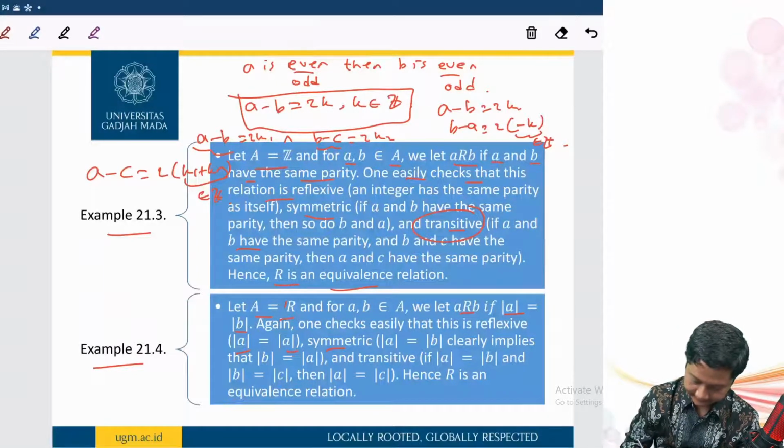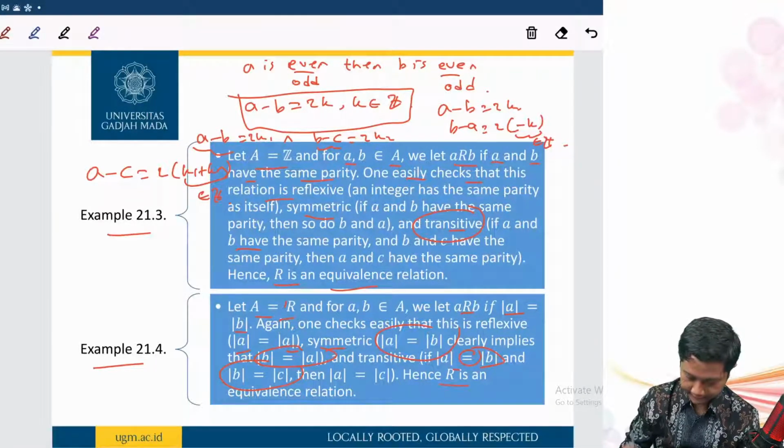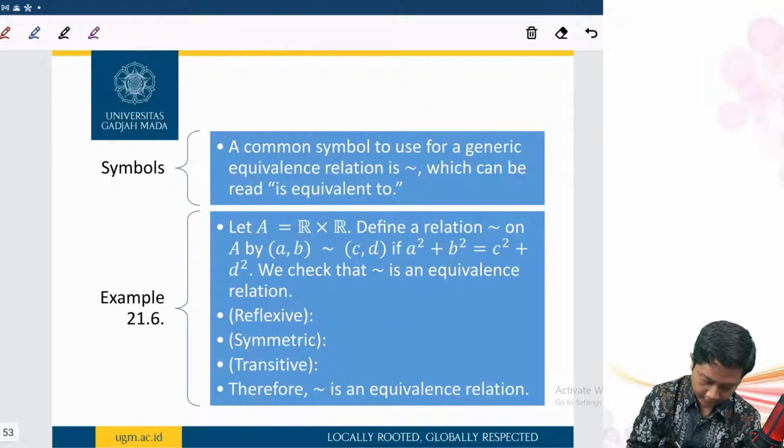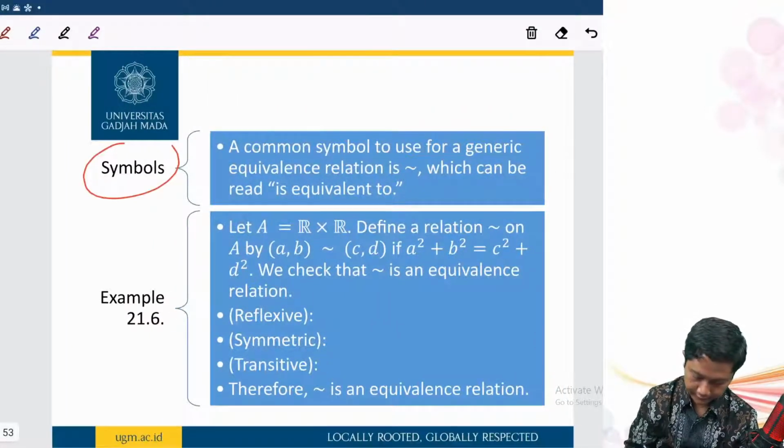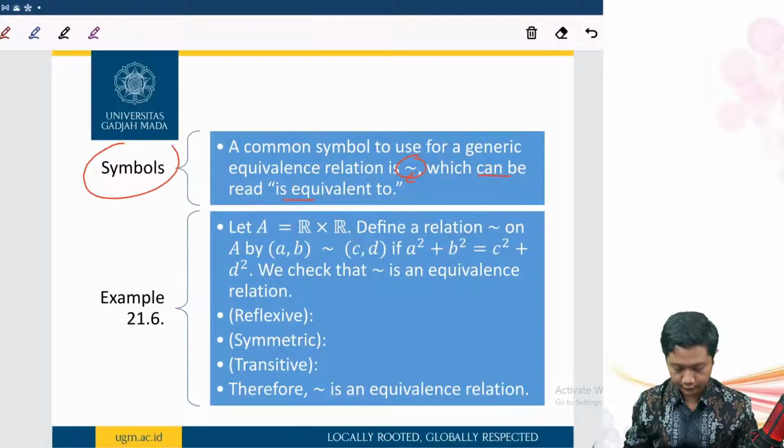Symmetric is clear also. Transitivity also should be clear because we have equality. And we have R is an equivalence relation. And how about the symbol? Usually we use this symbol, and we can read this symbol as "is equivalent to".